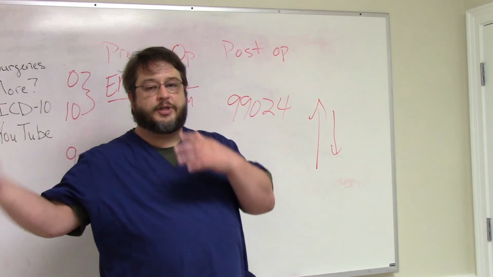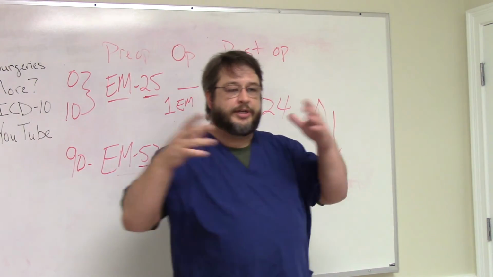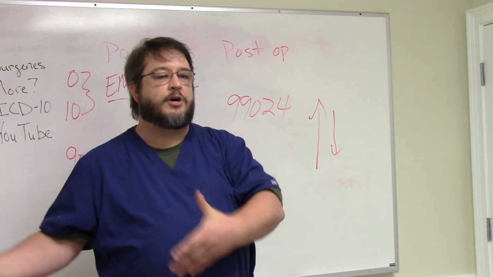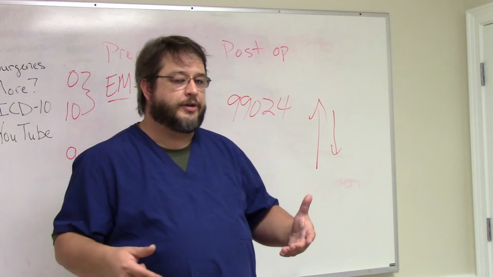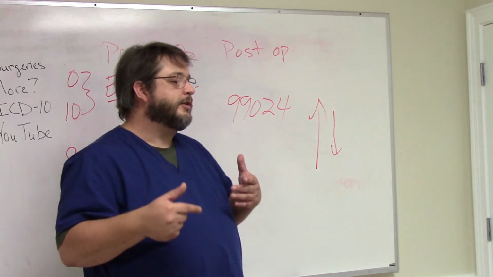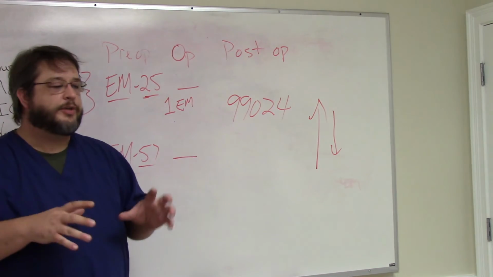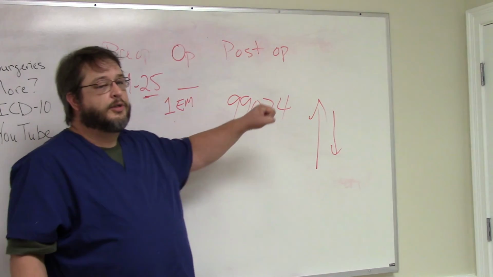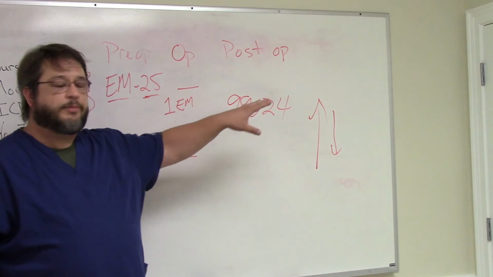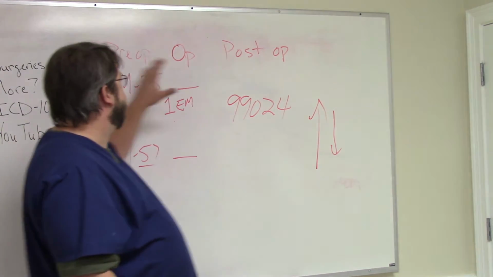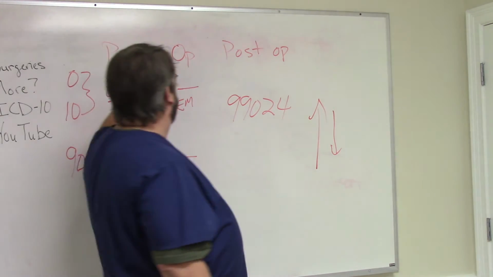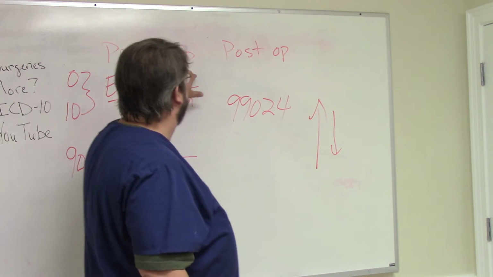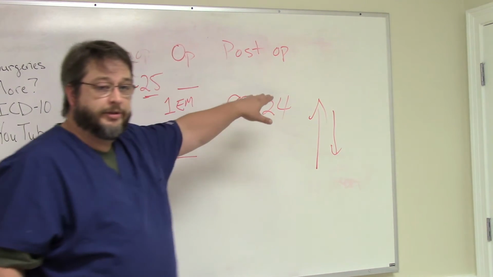Or if it's during the post-op period and it's in their office, then it's an office visit with the modifier 24. Because what we're doing is using this to signal the insurance company that this isn't bundled into any of these periods: the pre-op, the operative period, or the post-operative period.